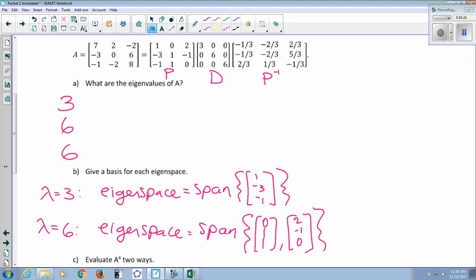There's no way to do it. So all your columns of P need to be linearly independent. Yes, or you can write 3 with multiplicity 1 and 6 with multiplicity 2. You can write it like that as well.